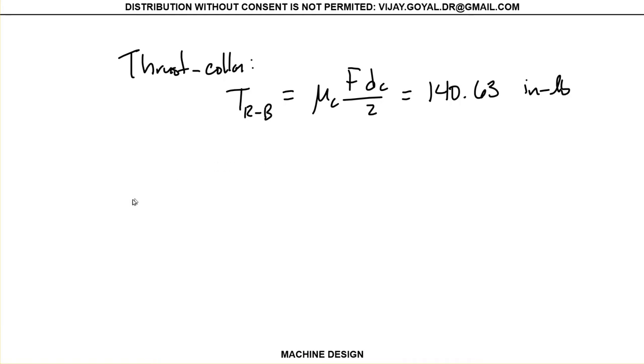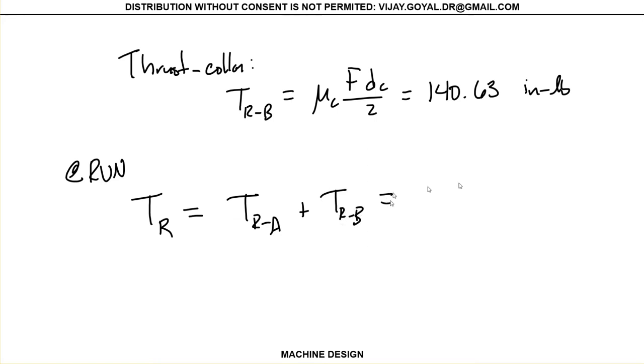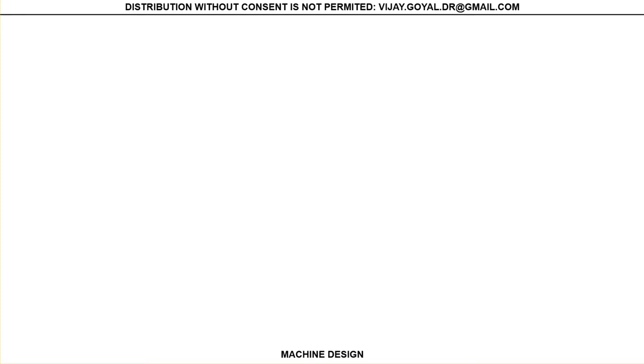Okay, and then the total contribution of TR at running would be TRA plus TRB, which is 619.92 inch pounds. Okay, so this is all at rise. I have to repeat the problem again and see what happens when we are lowering.